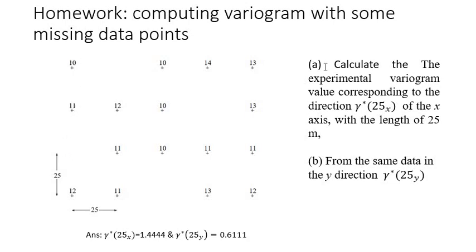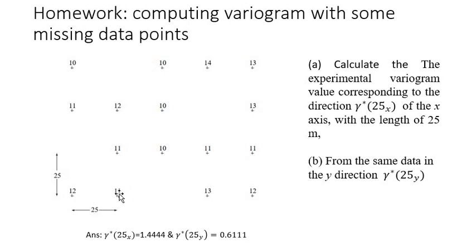So the first part, A, says calculate the experimental variogram values corresponding to the distance of 25 kilometers along the x-axis. And then part B says calculate the variogram corresponding to the distance of 25 kilometers along the y-axis.